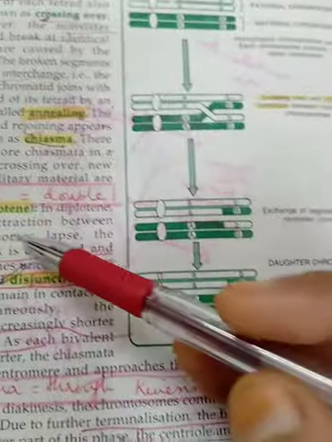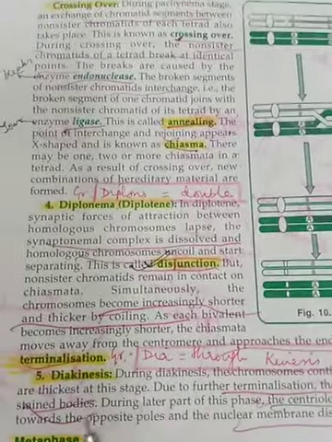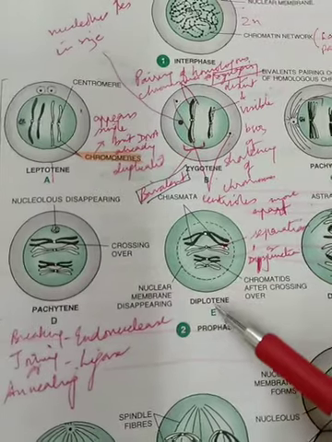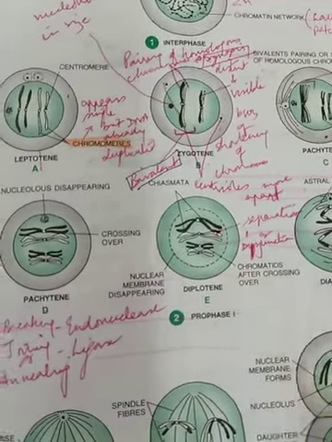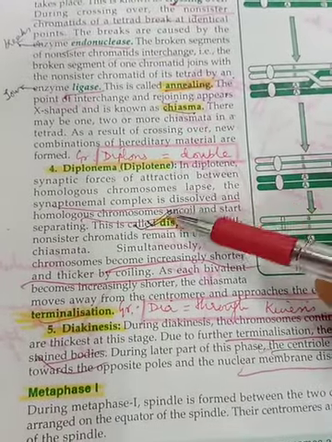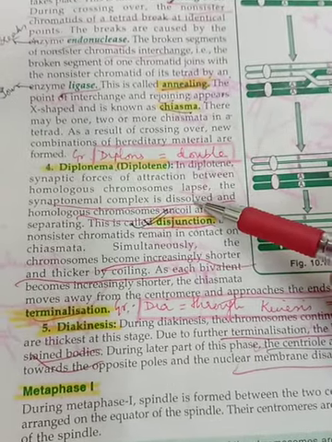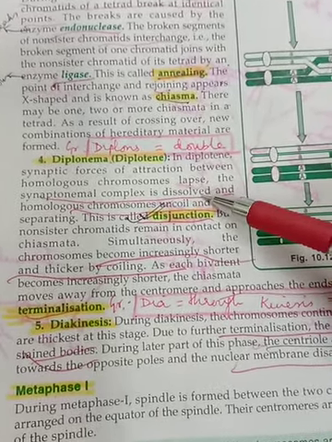Moving to the diplotene stage, the fourth stage is the diplotene stage. Here diplos means double. So in diplotene, this is the double stage where you can see what has happened: the synaptic forces of attraction between chromosomes are now over and the synaptonemal complex dissolves.